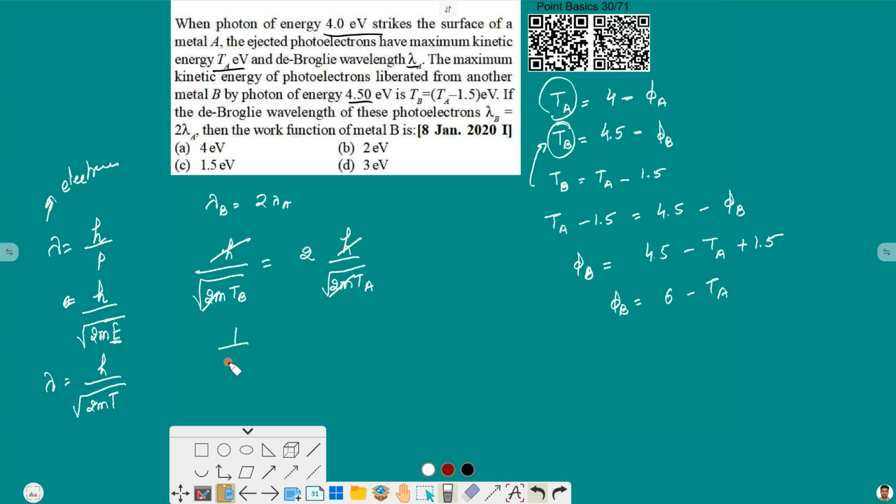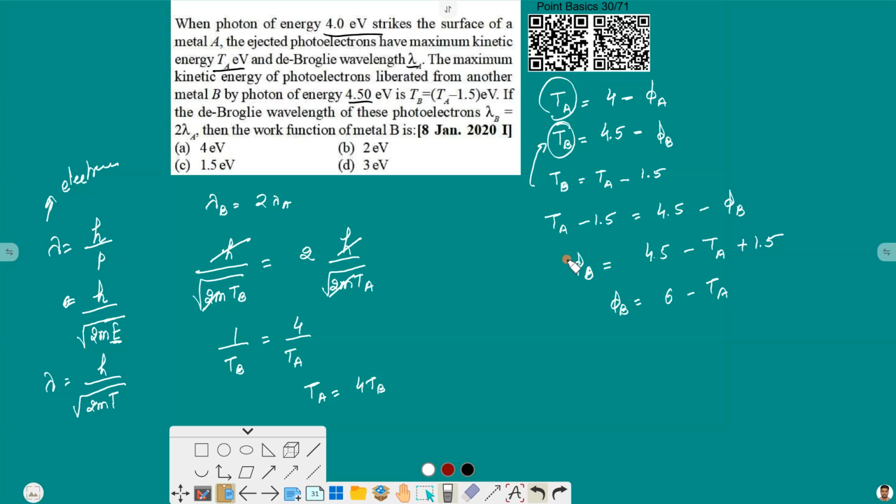Squaring both sides, we will get 1 by Tb is equal to 4 by Ta. So from this, Ta is 4 times Tb.